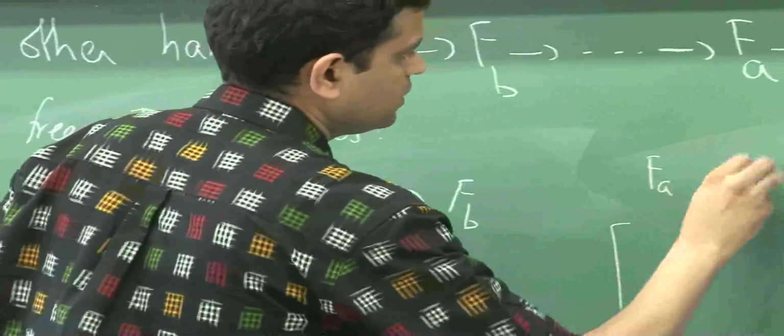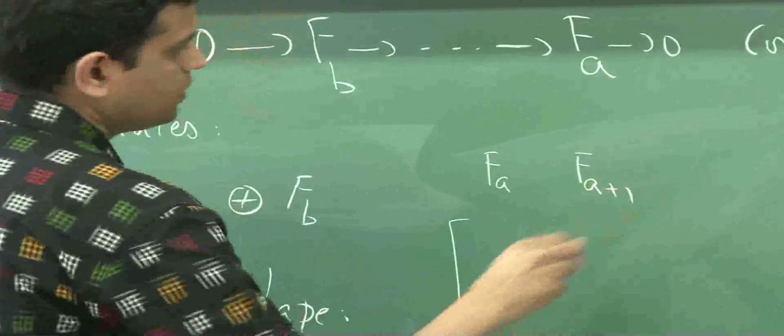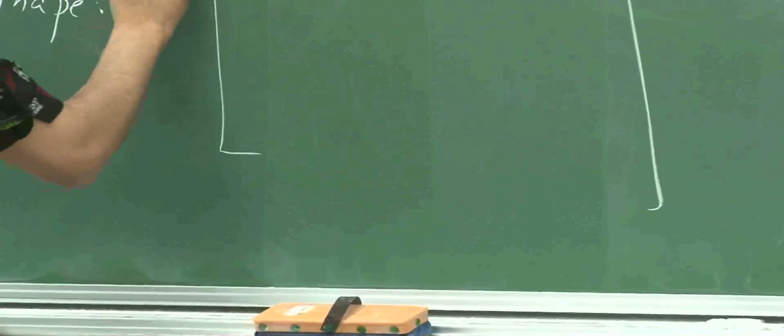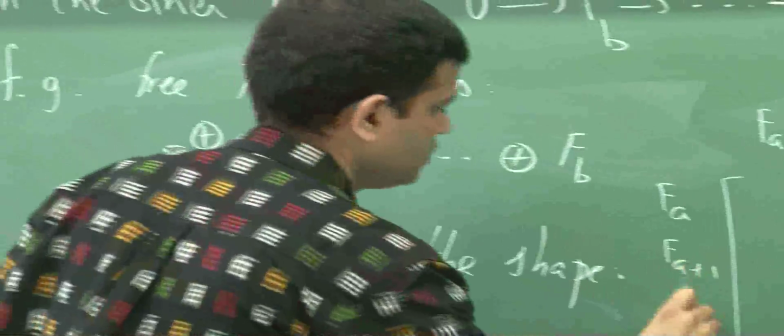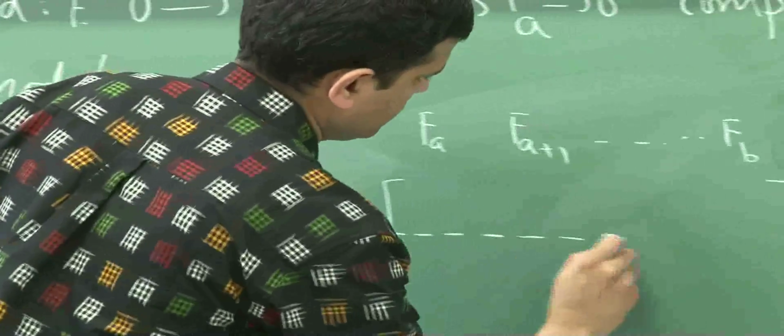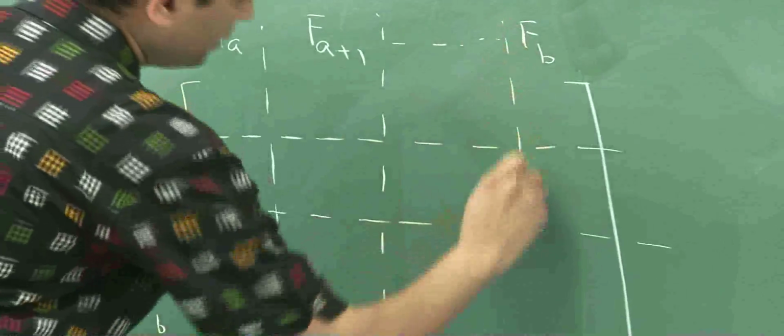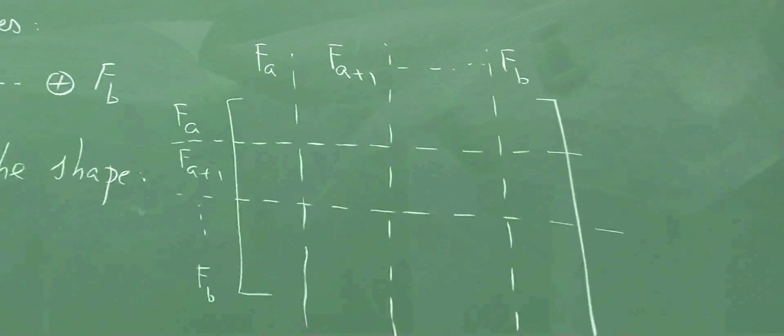So I pick a basis for Fa first, then Fa plus 1, all the way up to Fb.